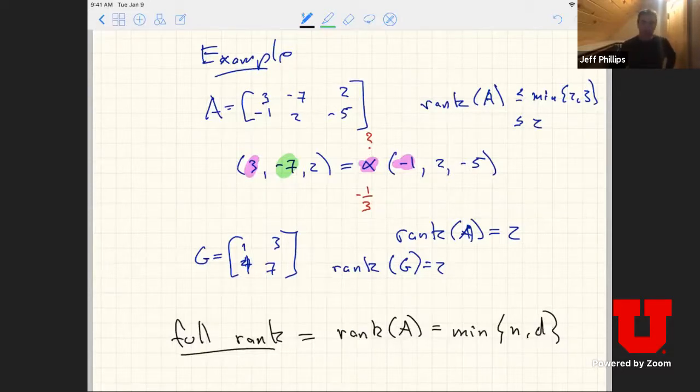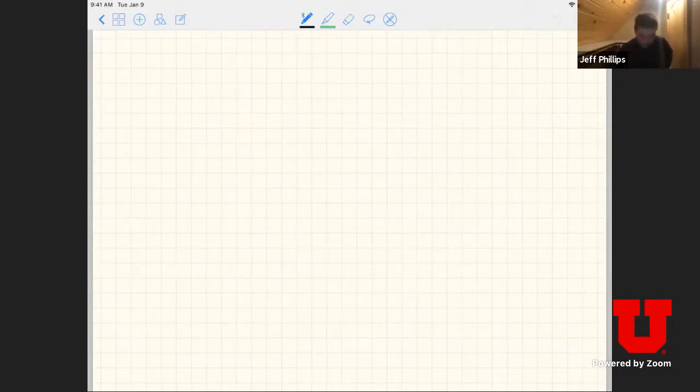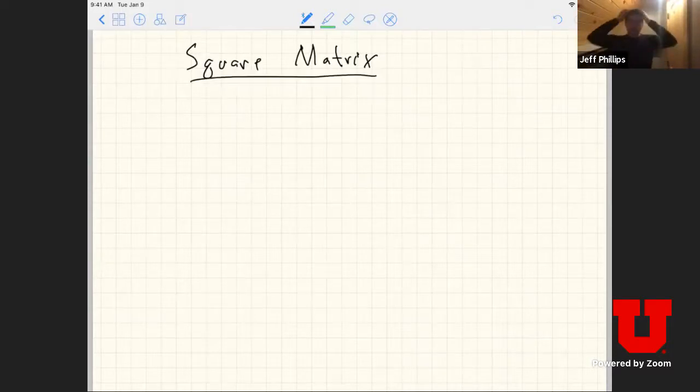So let's get to the main topic of this lecture, which is talking about square matrices. These are matrices that don't often represent data the same way a rectangular matrix would, where N and D don't need to be the same.